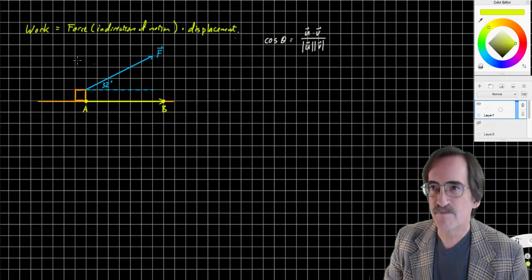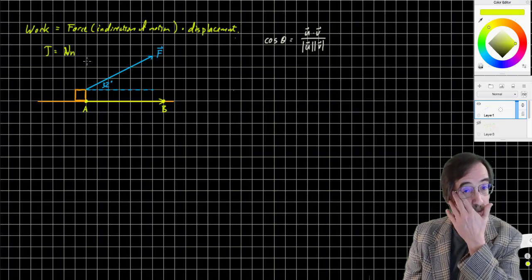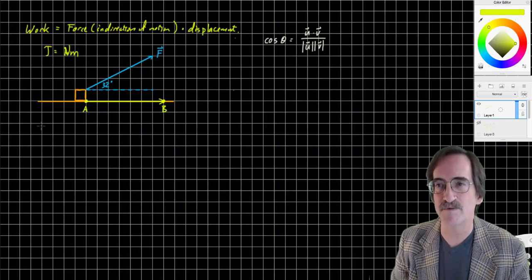And it's measured in joules, which is Newton meters. Newton is the unit of force, the SI unit of force in physics, and meters is the measurement of distance.